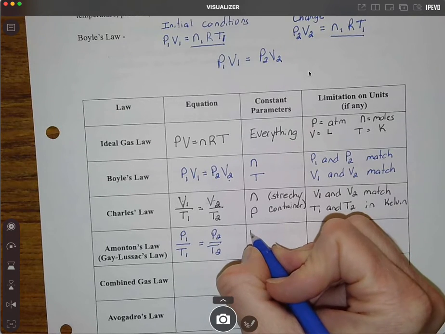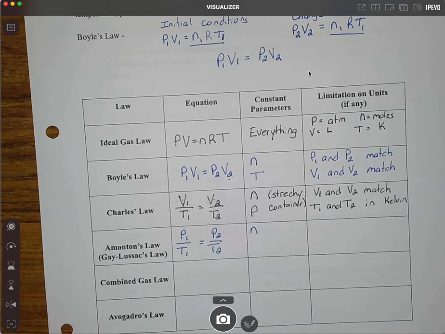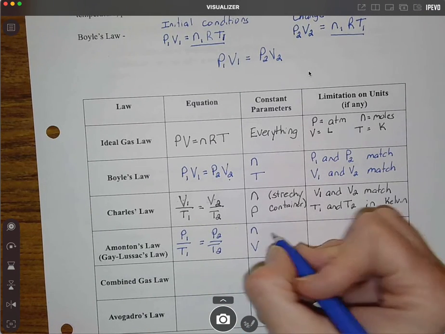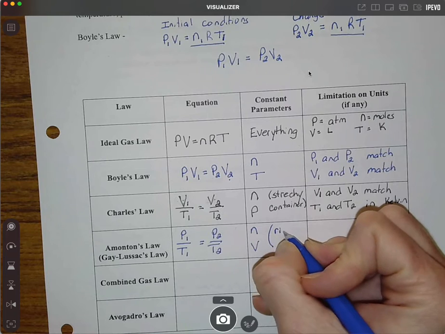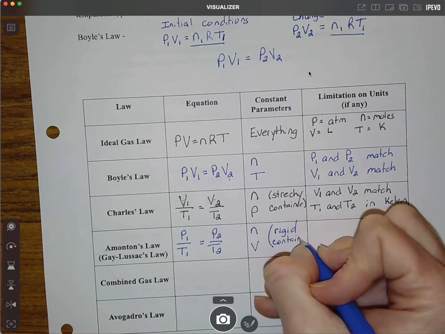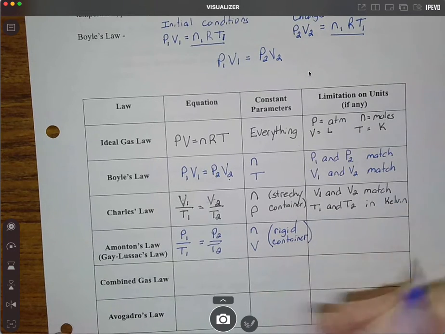This is assuming that you don't let any gas in or out of your container, and that the volume is constant. In other words, you got to have a rigid container, like a metal can or something that can't change in shape.